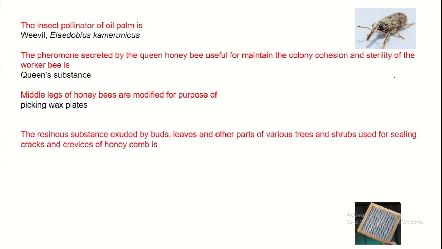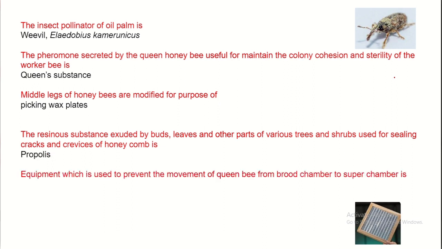The resinous substance exuded by leaves and other parts of various trees and shrubs, used for sealing cracks and crevices of honeycomb, is propolis. Equipment used to prevent the movement of queen bees from brood chamber to the super chamber is known as queen excluder.